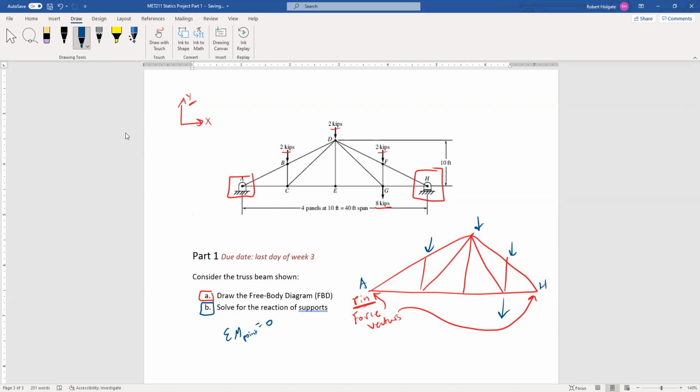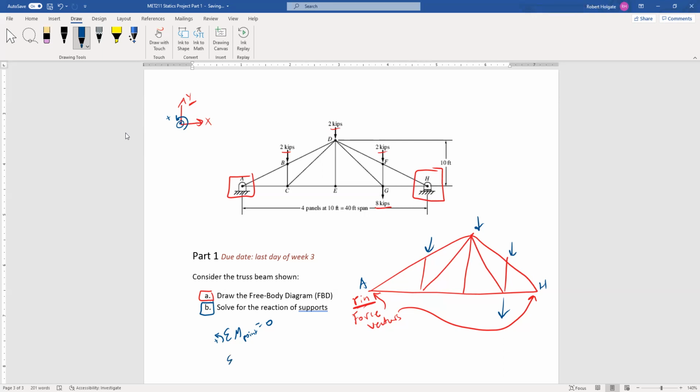When I write this equation, oftentimes we couple it with a positive direction. I am calling a rotation about the z axis that is coming straight out of the page at me a positive rotation about z, and I'm labeling that a positive direction. That's how I keep my signs straight as well. So sum the moments about a certain point and you can get one of the reaction forces.